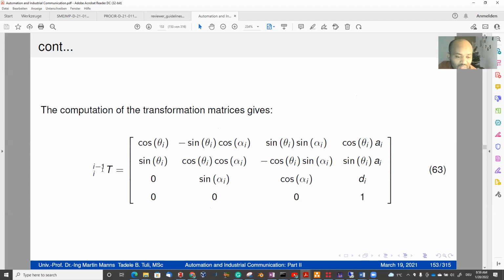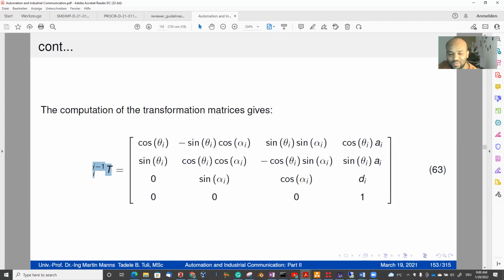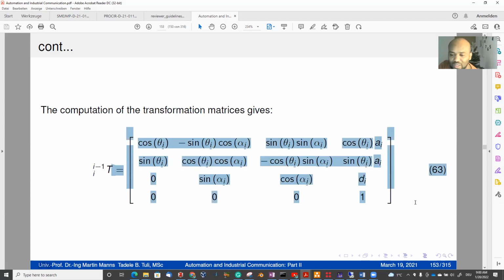So if you take the first derivative of this equation, you get velocities. This velocity could be a linear velocity and a rotational velocity. The first time derivative of this function gives you velocity. And the second derivative of this transformation matrix gives you what?